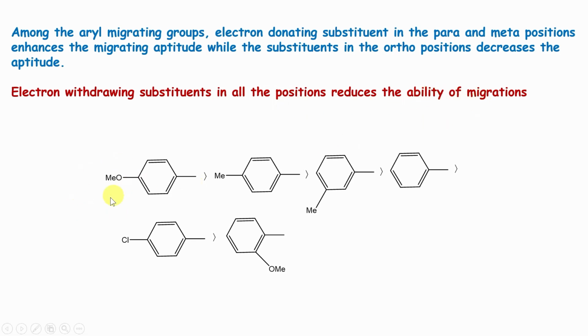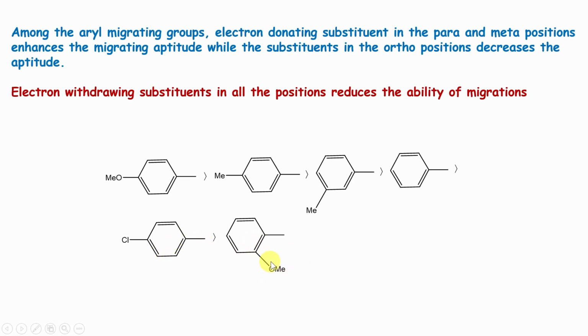See here, para-methoxy phenyl group has the highest migratory aptitude, and then comes para-methyl phenyl group, then meta-methyl phenyl group, then phenyl group, then chlorophenyl group, para-chlorophenyl group, then ortho-methoxy phenyl group.